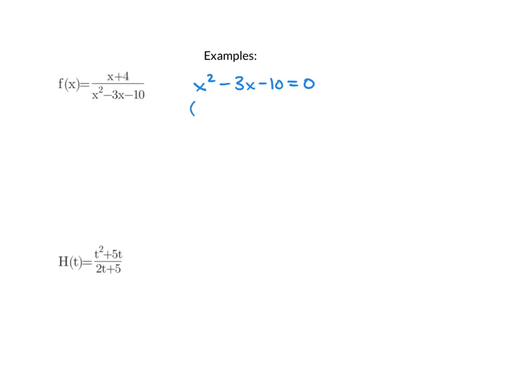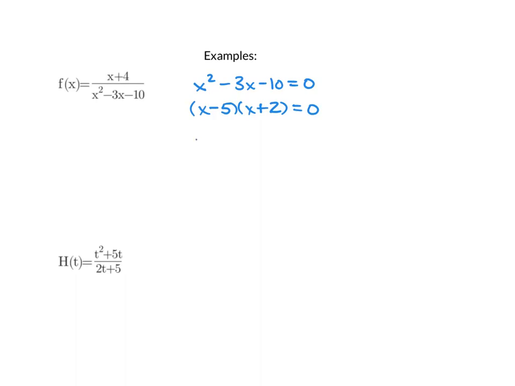So x squared breaks down to x and x. Things that multiply to 10 and combine to 3 are going to be 5 and 2. We have different signs, and I want my larger number to be negative. So we get x minus 5 and x plus 2.